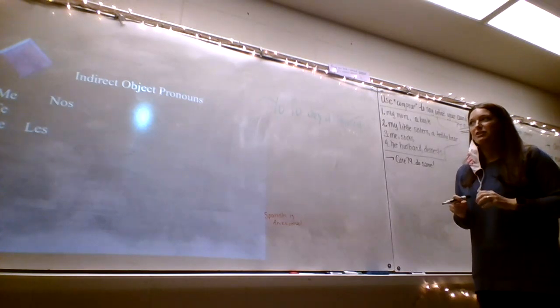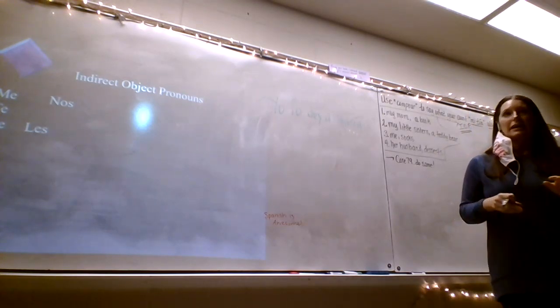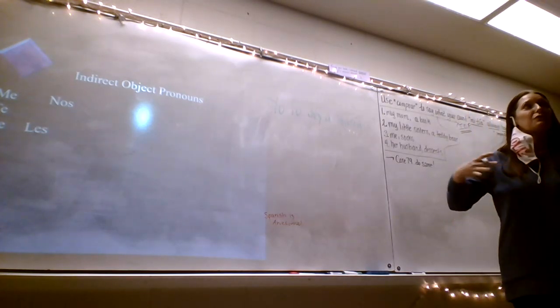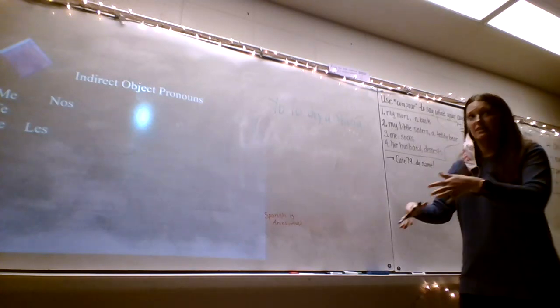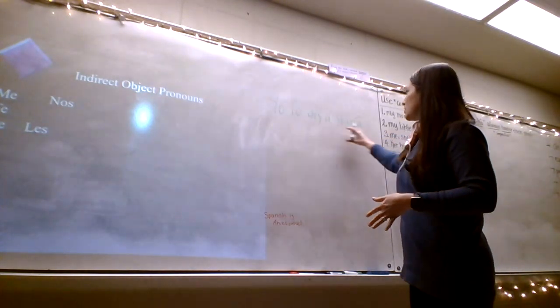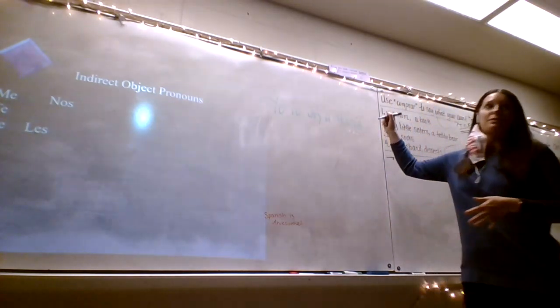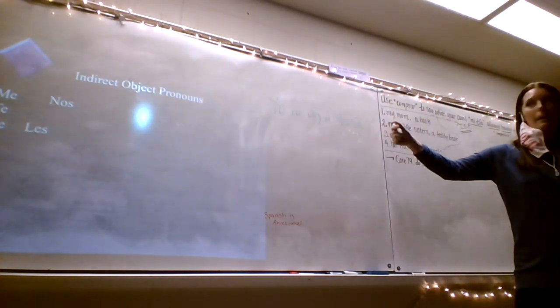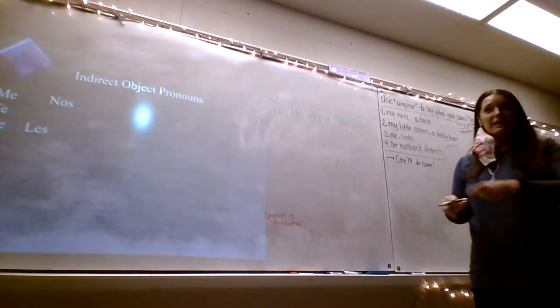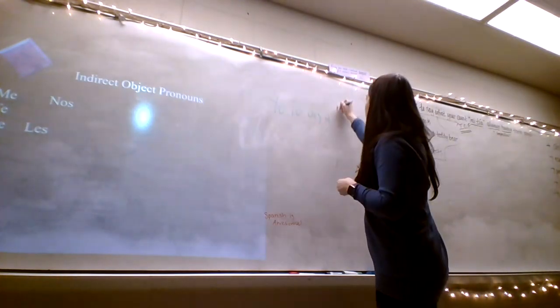So you got to write that down because you don't know this at all. Now this is the to whom or for whom the action is done, okay? So I give it to Maria. We're going to now take out to Maria and replace it with what? Le, right? Bottom left of our chart is le.